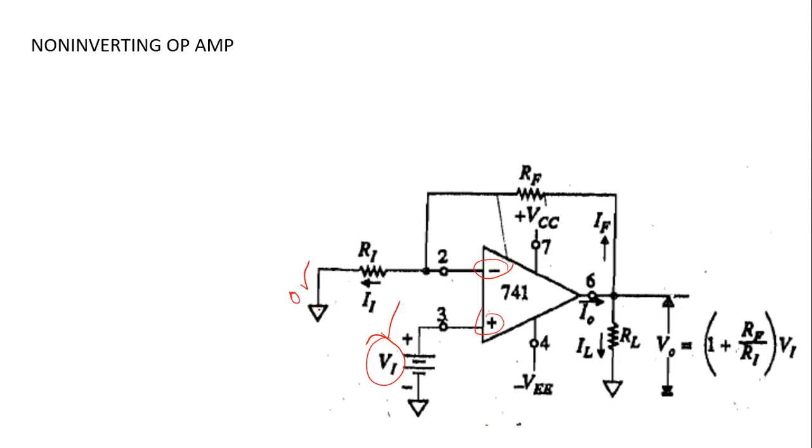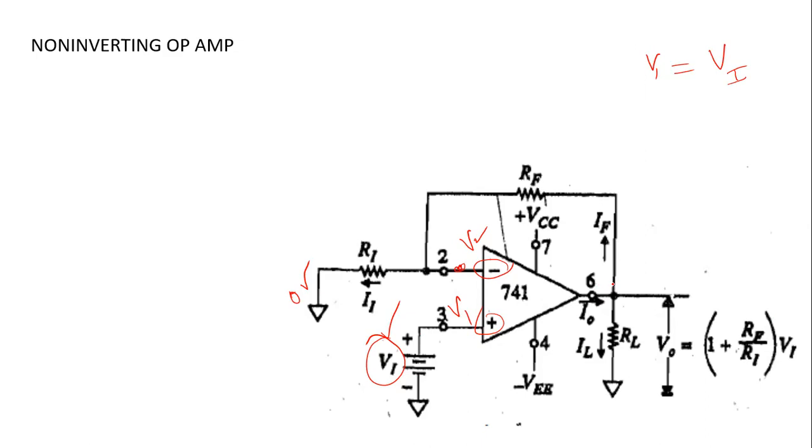So if this terminal is 0 volt, then here this non-inverting input is denoted as V1. Inverting input is denoted as V2, right? And that is the usual notation we use for this op-amp. So your V1 here will be equal to the input signal, which is your VI. V1 is equal to VI.